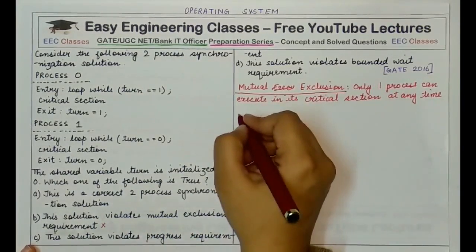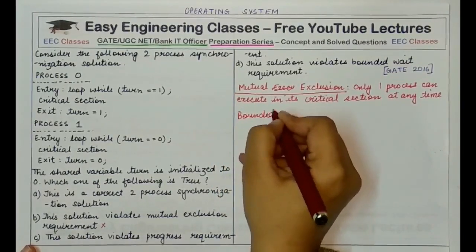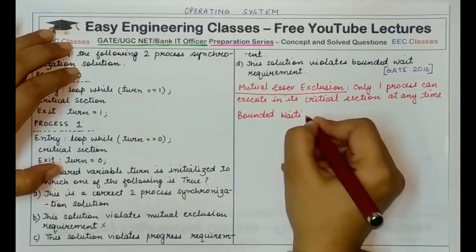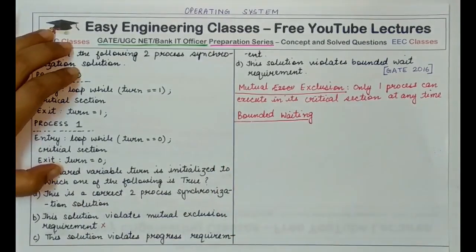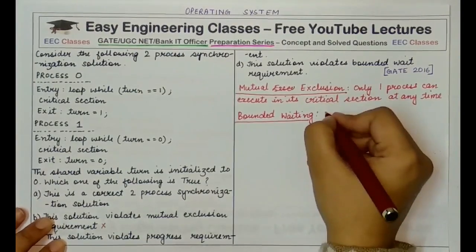So let's understand bounded waiting before we understand progress. Now, what does bounded waiting mean? Bounded waiting means that if a particular process has requested to enter its critical section, so I'll write it here.